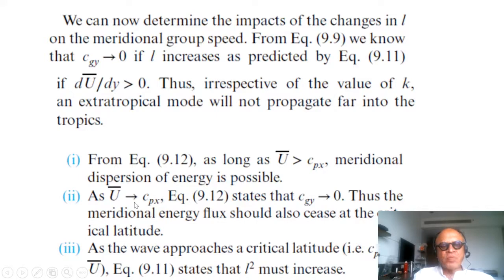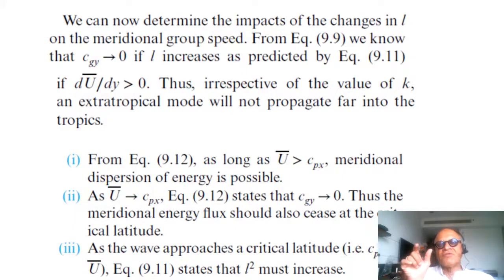As u bar tends towards CPX, so the phase velocity and the basic state become almost equal, then again the group velocity tends to 0, thus the meridional energy flux should also cease at the critical latitude. Critical latitude is where essentially you have u bar equals CPX. As the wave approaches a critical latitude, as CPX approaches u bar, then that equation states that L squared must increase.